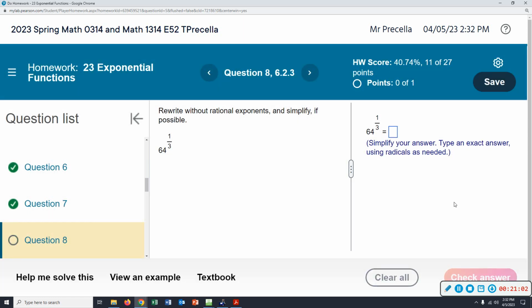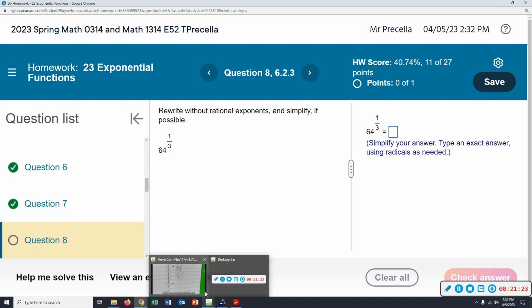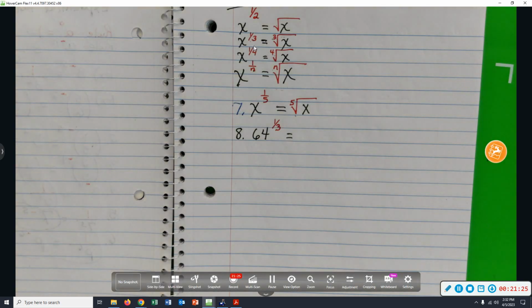Number 8 says 64 to the 1/3 power. Let's see. 64 to the 1/3. 1/3 is that little cube root symbol.